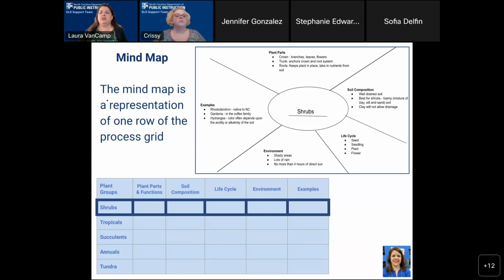And so you can see that shrubs is the top row or first row of our process grid, which I've highlighted in navy. So we want to learn everything we can about the shrubs, and all of that is going to be on one page so that the students will have good access to it. They've written these facts out themselves, and that also helps the brain commit that to memory.